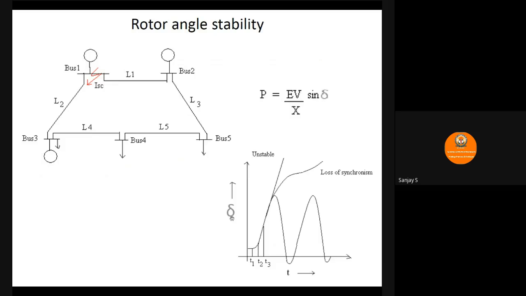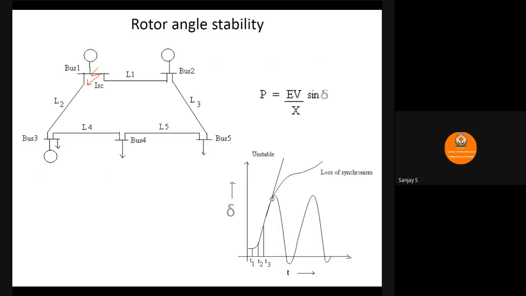Delta basically refers to the change in position with respect to the reference axis as well as the rotating magnetic field axis. Here this delta is being shown. Delta goes on increasing as and when there is an instability in the system. Since there is a reduction in load demand, delta goes on increasing.